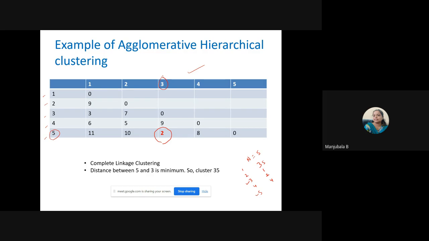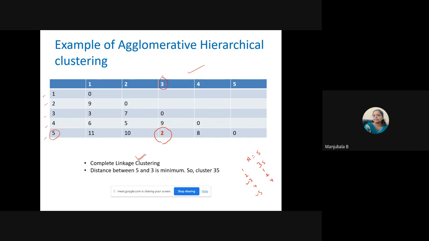Under agglomerative hierarchical clustering, there is complete linkage clustering and single linkage clustering. We are discussing complete linkage clustering, where the distance will be updated by using the maximum value of the Euclidean distance. And in single linkage clustering, you just have to take the minimum distance for the updation in the distance matrix.